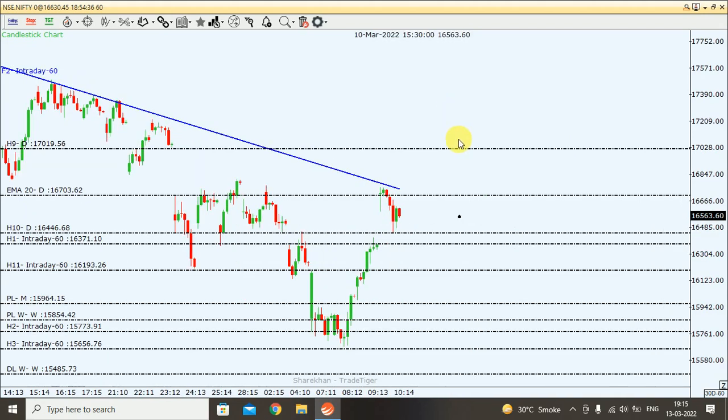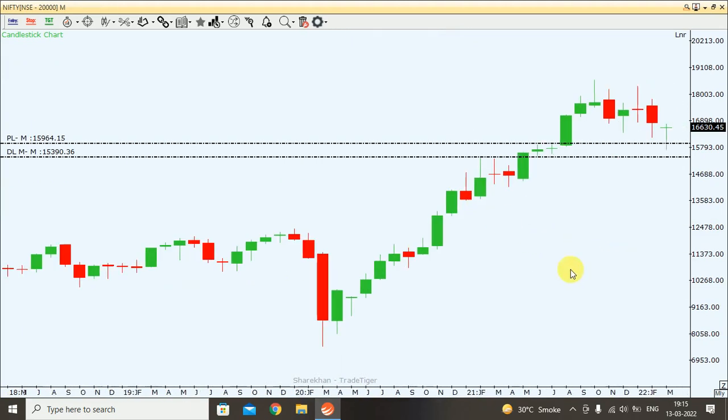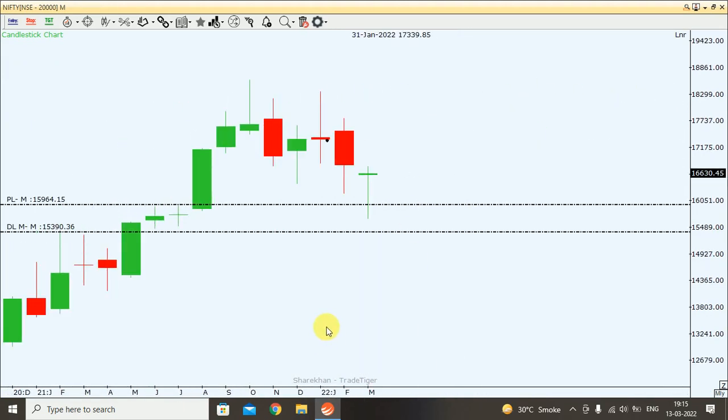Right now, if you see the monthly chart is showing that Nifty has triggered this monthly demand zone and it is moving upside, and the month is not closed, but still it has created a good structure or good pullback in the chart, which is a very strong sign, but still the month is not closed.